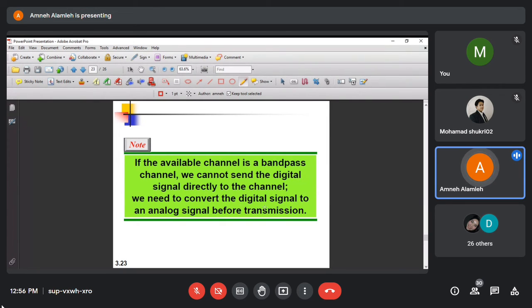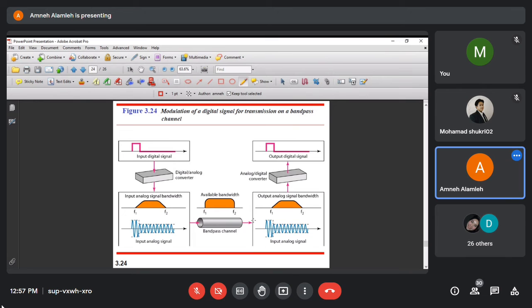We need to convert the digital signal to an analog signal before transmission. Here, this figure shows the conversion or the modulation of a digital signal for transmission on a band pass channel. So to transmit the digital signal on a band pass channel, we have to do the modulation process.